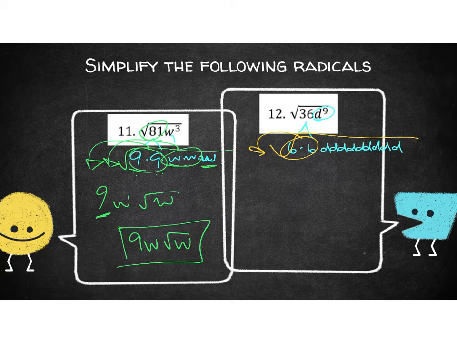All that would have done was give me a pair of 2s and a pair of 3s. 2s come out, 3s come out, 2 times 3 gives me 6. So still, in essence, I'm getting a 6 out front. Now, if I think about the 9 d's, I can make 4 pairs and I should have 1 left over. So 1, 2, 3, 4, there they are, d to the 4th with 1 d left over.